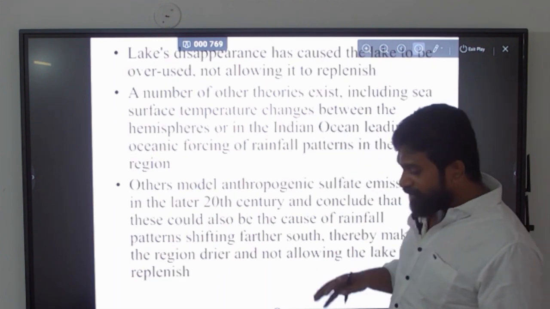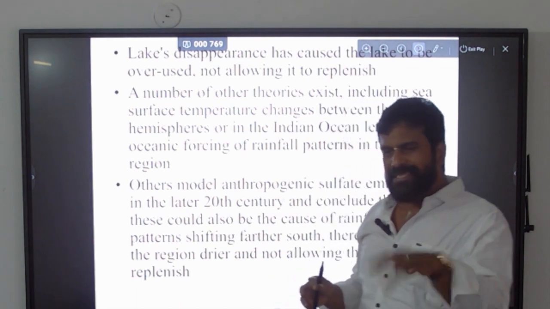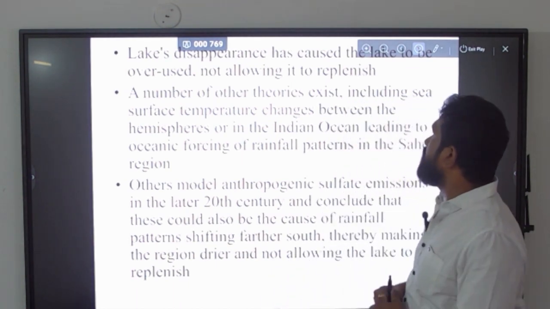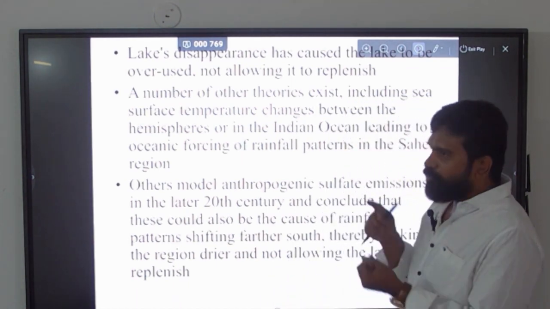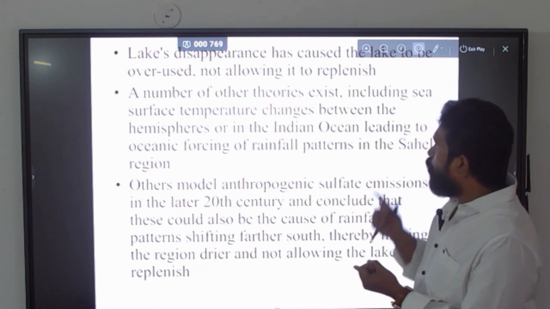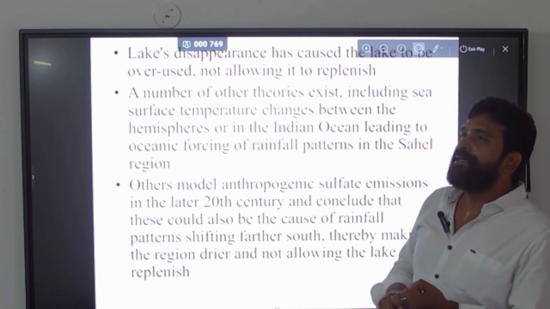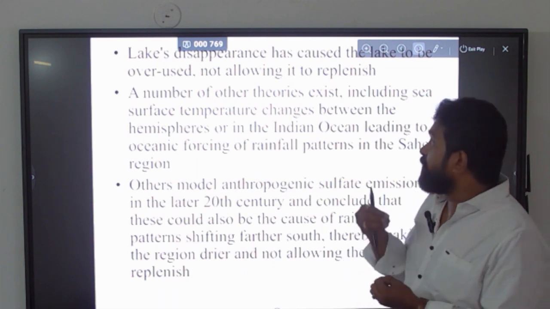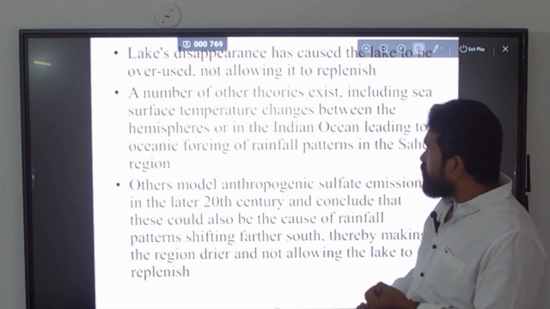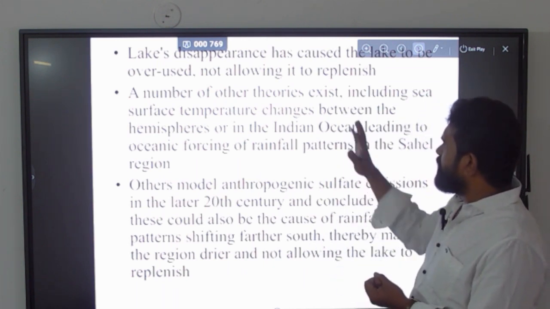Now this Lake Chad is shrinking. The lake is disappearing right now. What is the reason? One thing is overuse, and we are not giving it time to replenish. There are also a lot of theories.